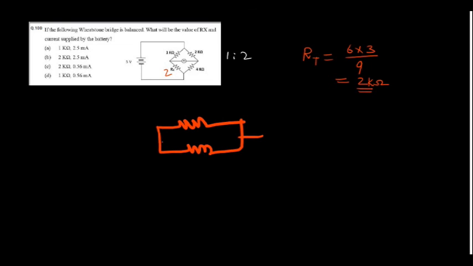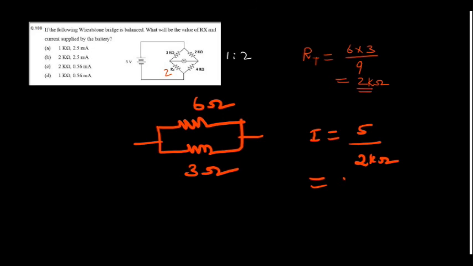If you simplify that, you will get 2 kilo ohm. Then I equals V upon R, 5 upon 2 kilo ohm. You will get 2.5 milliamps. So option B is the right answer.